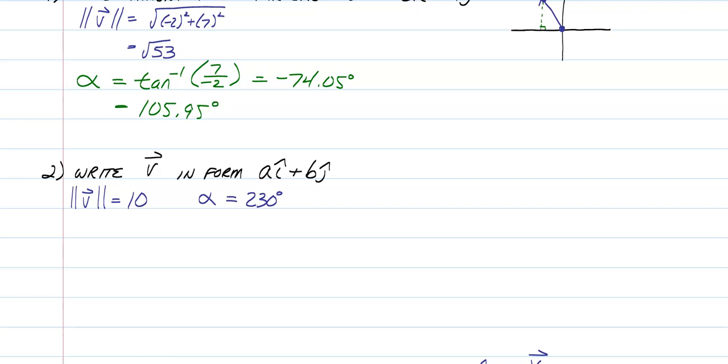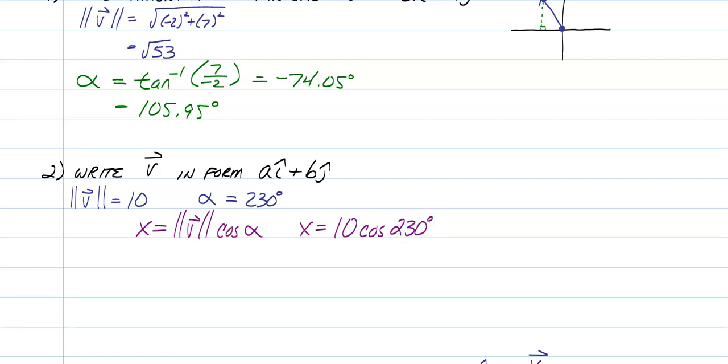Okay, so x is going to be equal to the magnitude of the vector times the cosine of alpha. So we're going to have x is equal to the magnitude 10 times the cosine of 230 degrees.